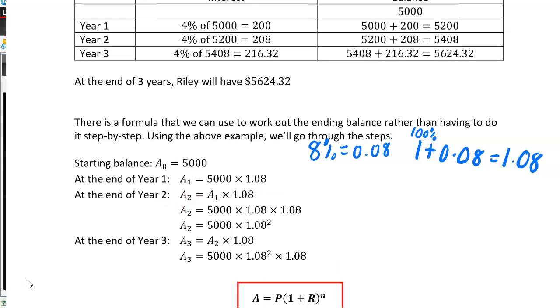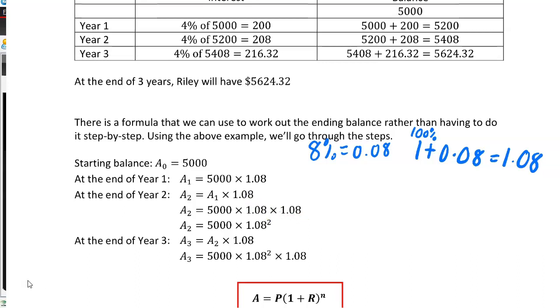At the end of year 2, we have our amount from the end of year 1 and we times it by 1.08. Okay, year 1 is 5,000 times by 1.08. Can substitute that back in and then times by 1.08.